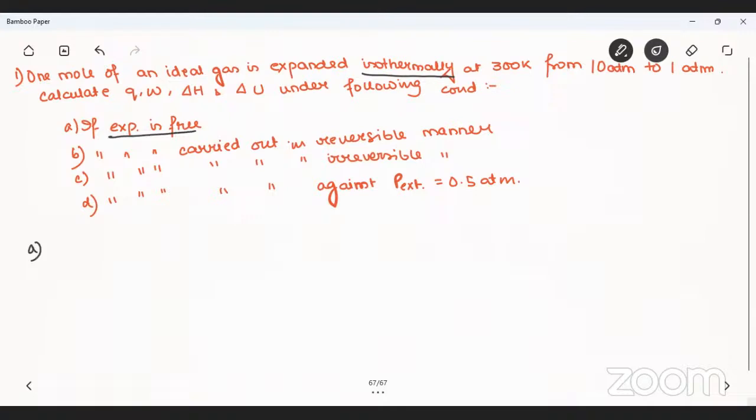What does this mean? Expansion is free. Everyone has copied the question in their copy. Yes, ma'am. Okay, so let's do one by one.